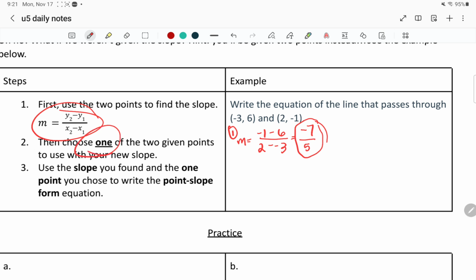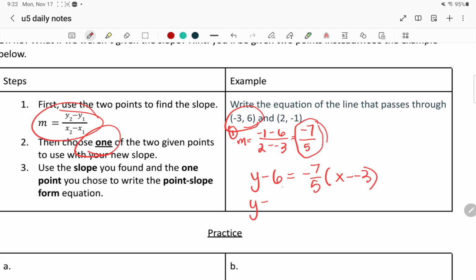Then you need to choose just one of the points. I always like to choose the first one because it's the first one. We're going to plug in our slope now that we have it, and one point, and we're going to make our formula. Point slope formula. What if I use the other point? That's totally okay.